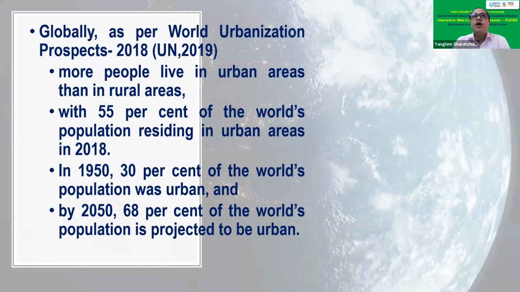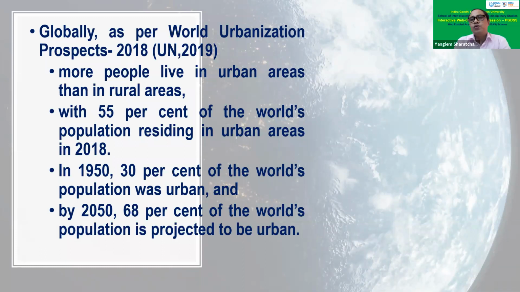Looking at the way we are urbanizing different regions of different countries, the population living in urbanized environments is now more than in rural areas. In 2018, 55% of the world population were residing in urban areas. If you look back to 1950, 70 years back, it was about 30%. It is expected that it will reach 68% of the world population in urban environments by 2050.